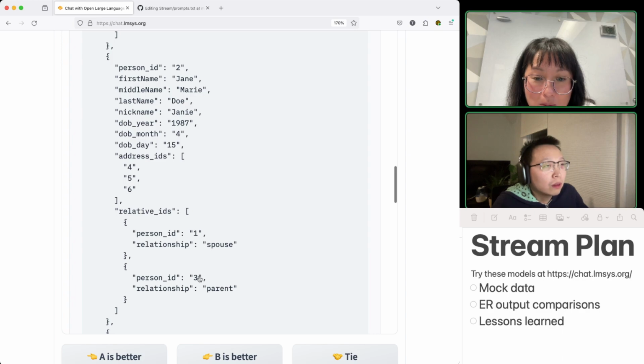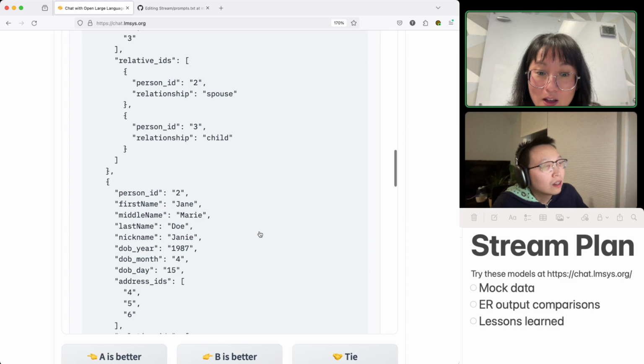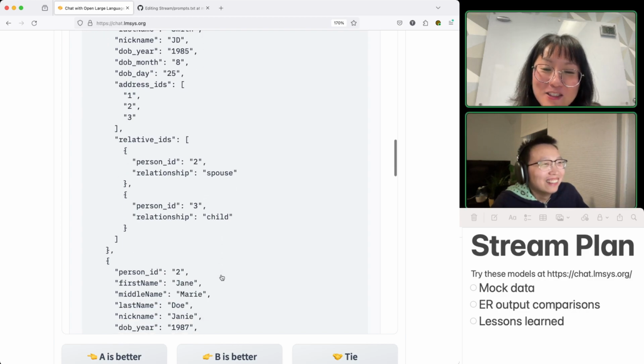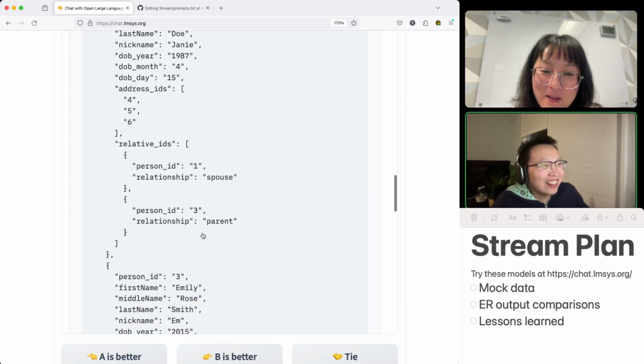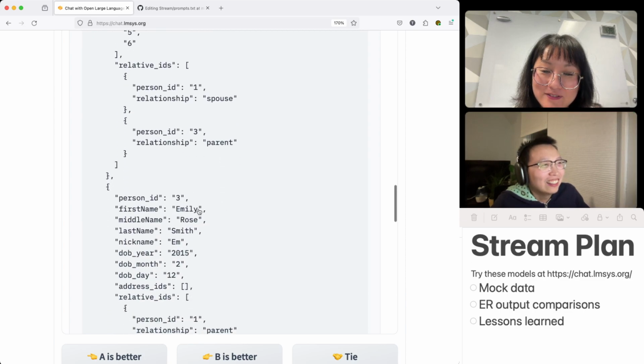Has a spouse and a parent. One and three. Wait, is that right? One is a spouse, three is also a parent. No, it's not good. It should be child. So that's not correct, but it tried.